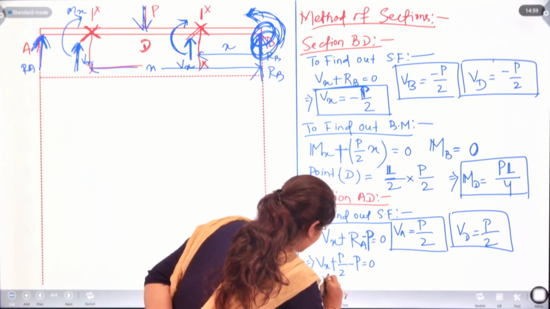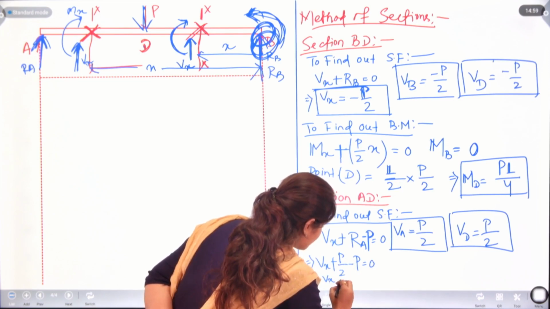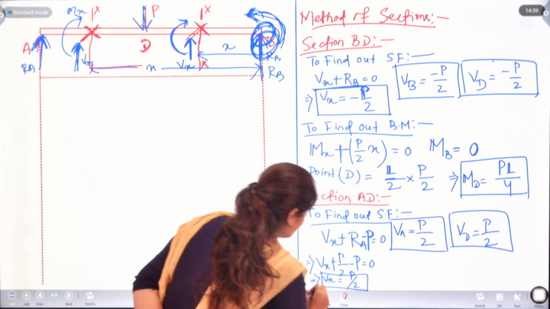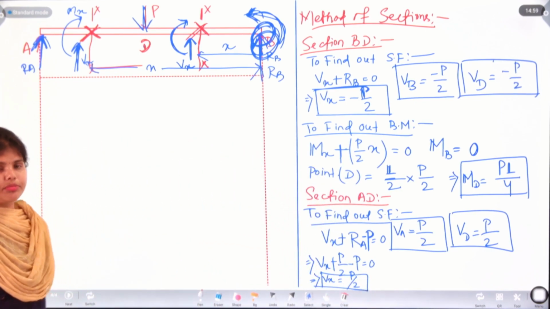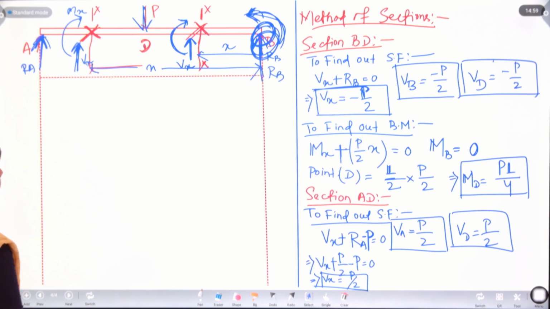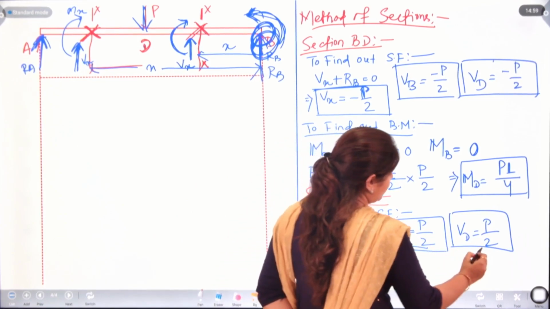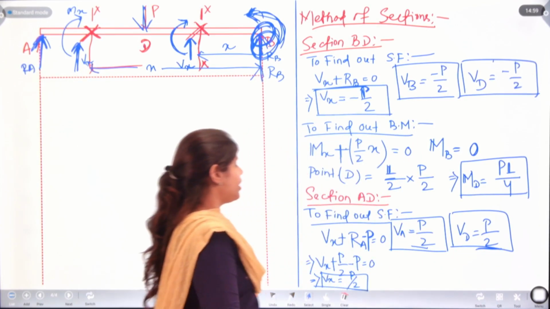So here we have Vx minus P by 2, that is Vx is equal to P by 2. Next, we are having Va as P by 2 and Vd as P by 2.